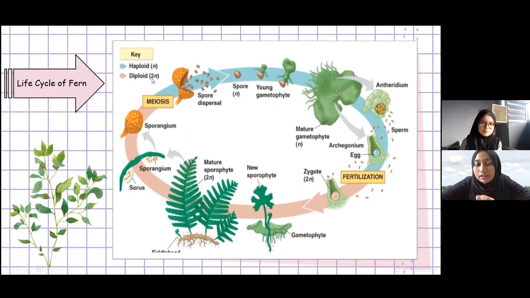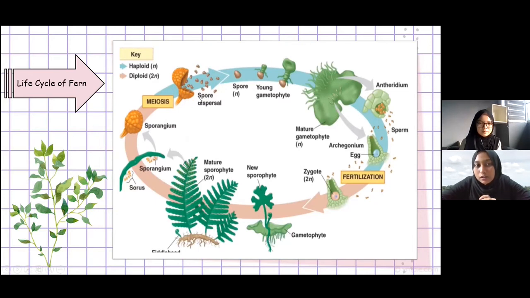So the sporophyte contains 2N, while the gametophyte contains only N. The mature sporophyte, which is 2N, consists of sporangium. Inside the sporangium, it will undergo meiosis, so the cells inside the sporangium become haploid. So we only have N.